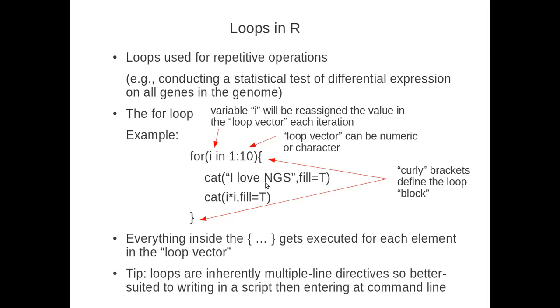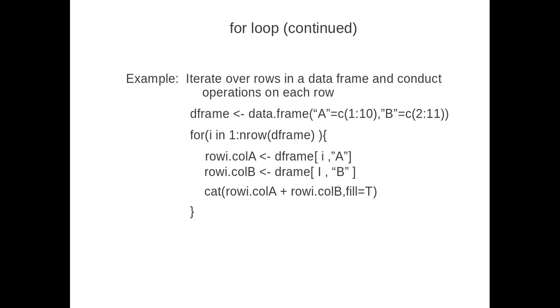You generally don't execute loops just by typing one-liners at the command line, although it's possible. I recommend writing it down in a script. In fact, I recommend writing most everything you code up in a script, other than quick and dirty things that you want to do at the command line.